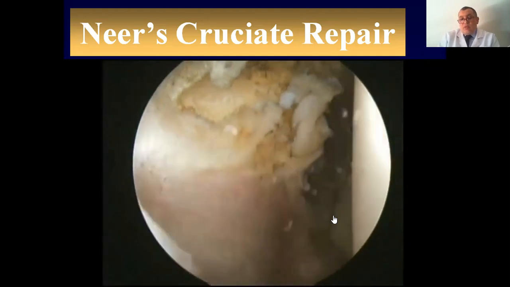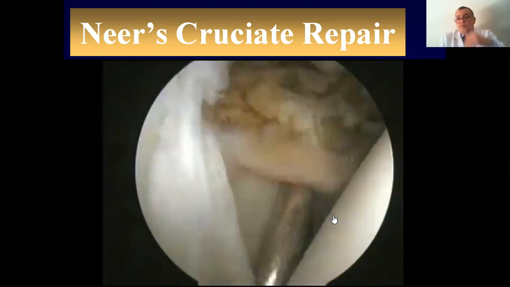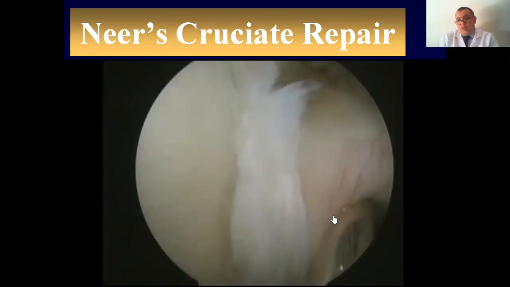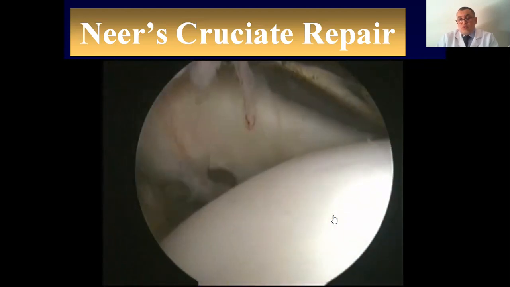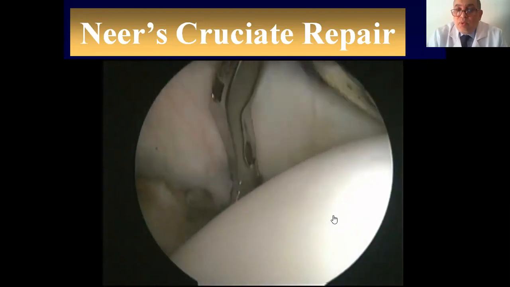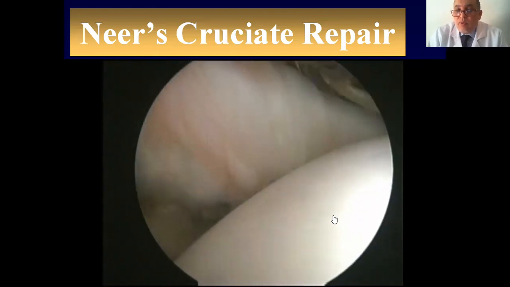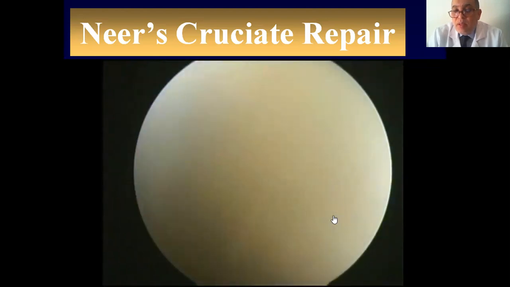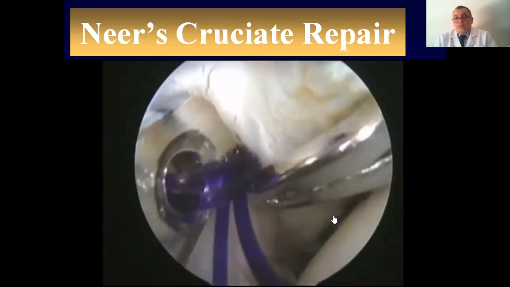Then we pass our sutures at the apex of this triangular flap. This is a sharp suture passer. Then we pull one of the two limbs of this suture material through the upper subscapularis using a sharp suture puller.